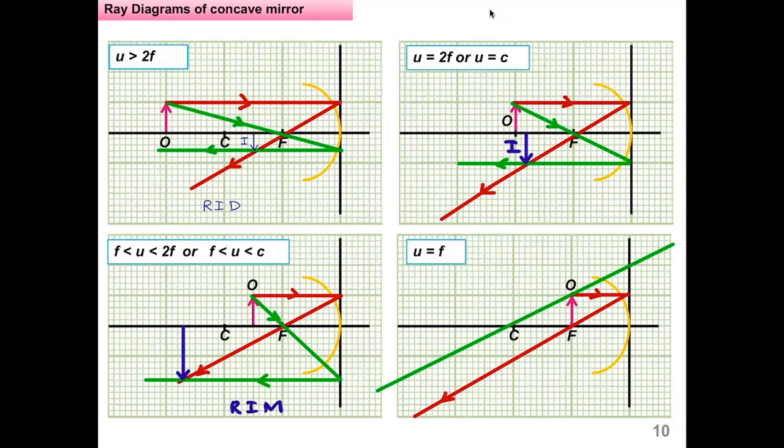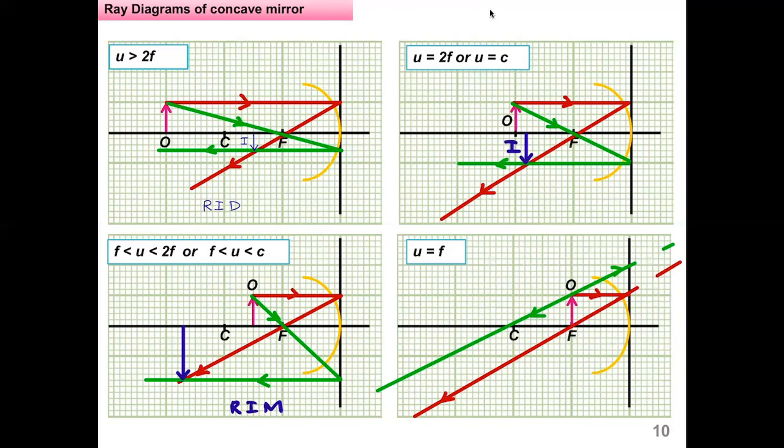So that means you have to extend this line at the back there. So the image produced would be virtual, upright, and also magnified. So it will be reflected here. Don't forget that the lines behind the mirror would be dotted lines.